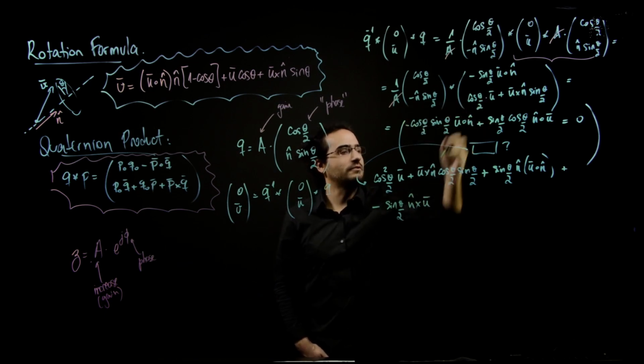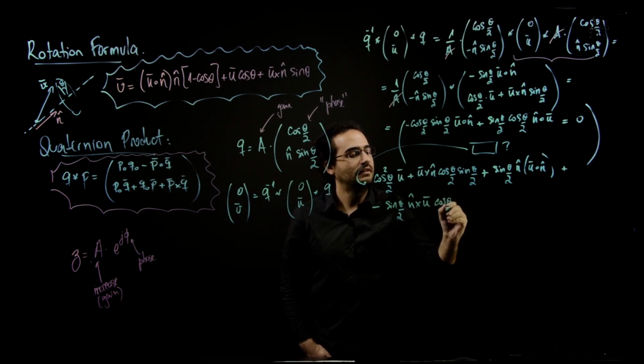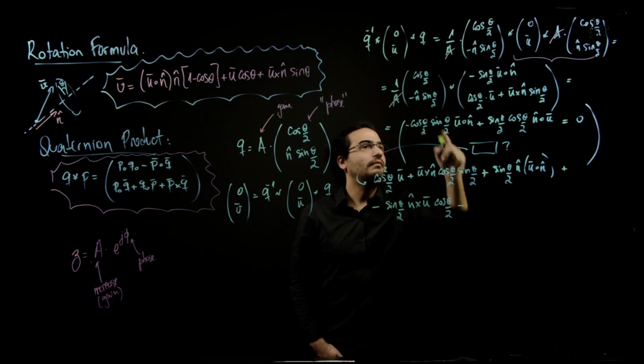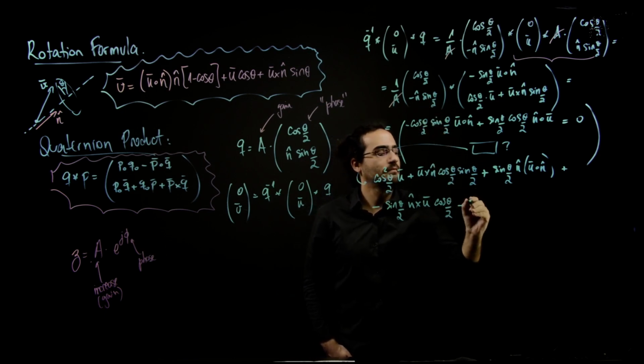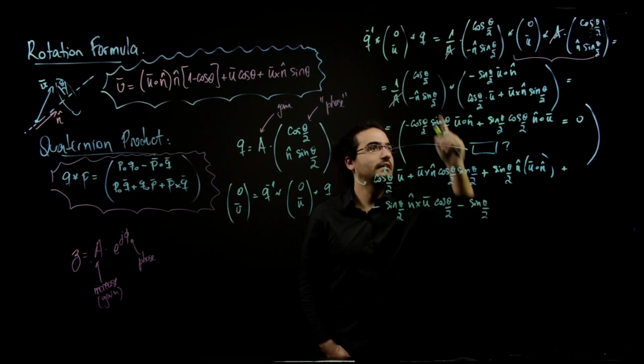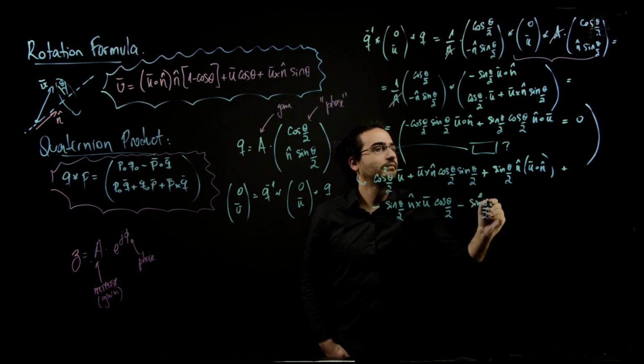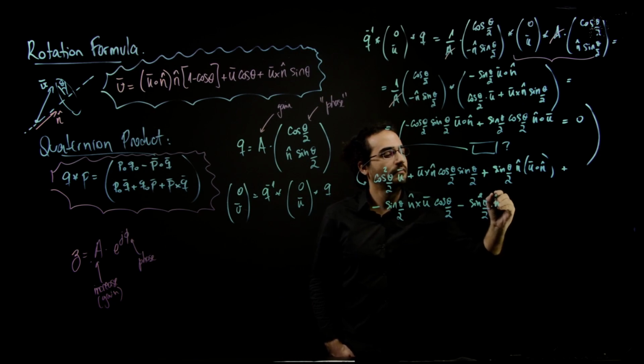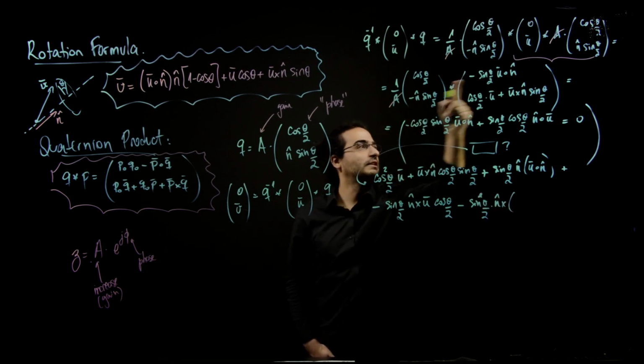And then you have also a cosine theta 2 minus sine theta 2 squared with an n cross product with this guy over here.